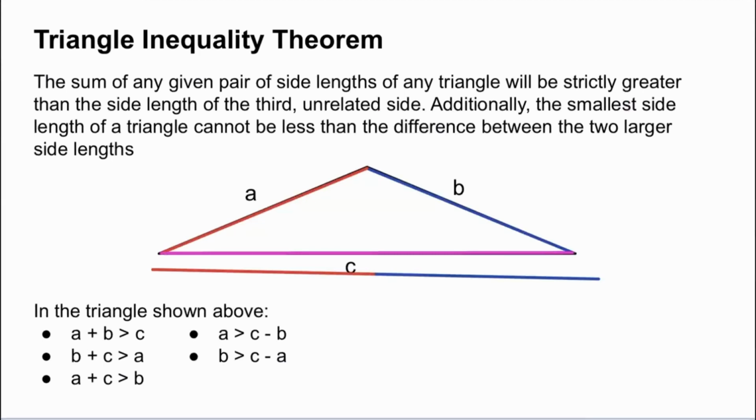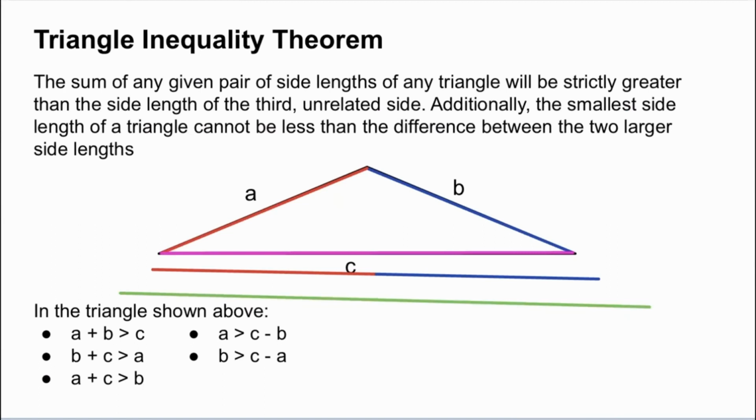And I want to acknowledge why this is so important, because let's say that this c term was greater than the value of a plus b. So let me make a new line, green, that's even bigger than this side length.